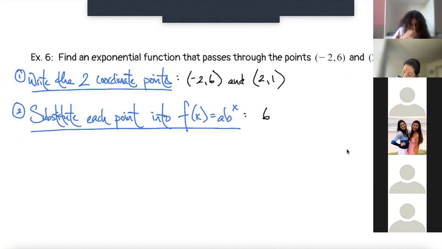So I would get 6 equals ab to the -2. Does that make sense to folks, where we're getting that from? We have y goes here and our x value goes in for the x.